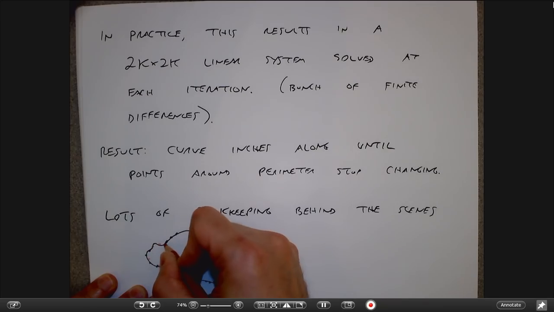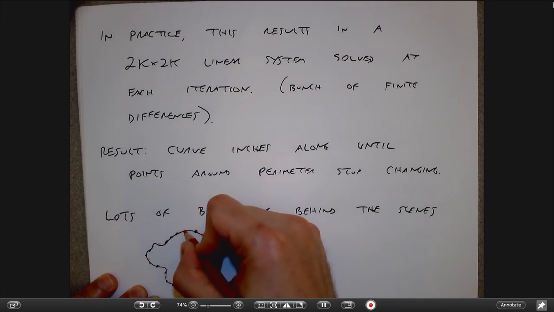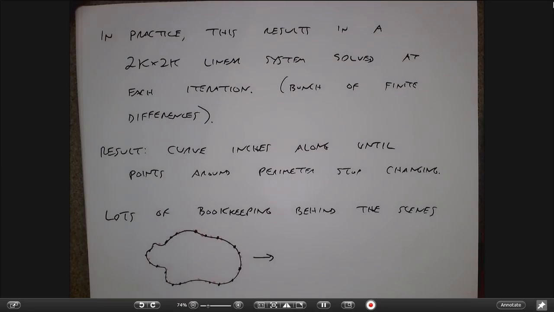I could change the spacing of the points. I could even change on the fly the number of points. If I discover regions of high curvature, I could add some points there to kind of force the curve to go a little bit further in.